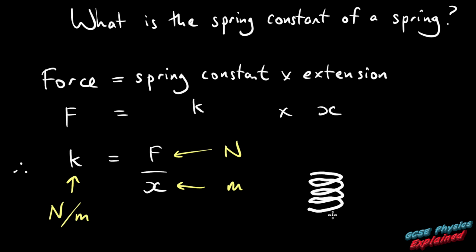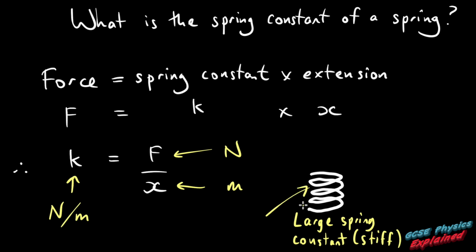They're going to take a lot of force to make them stretch. So we see it's got a large spring constant because it's stiff. So the K value could be like 500 newtons per meter. So you'd need to put 500 newtons on to make it stretch a meter.